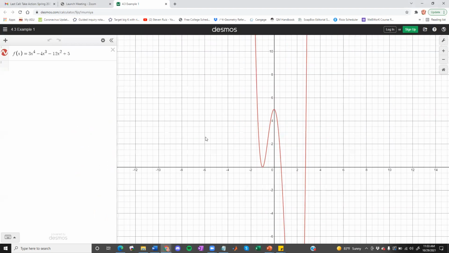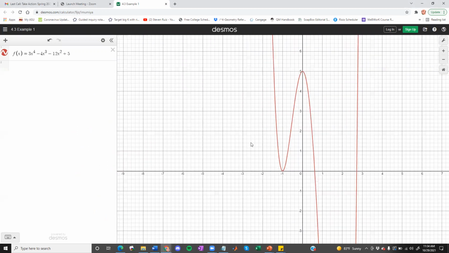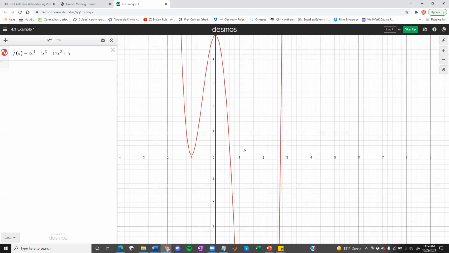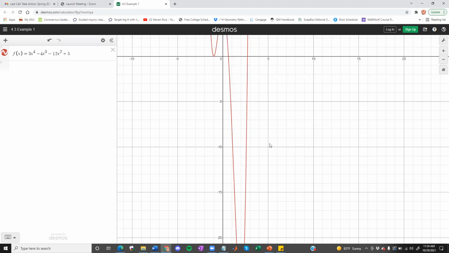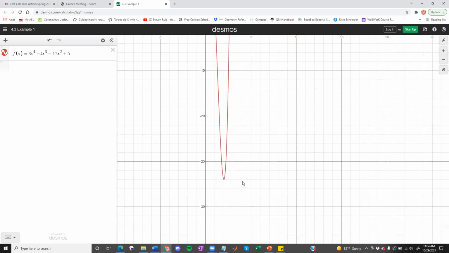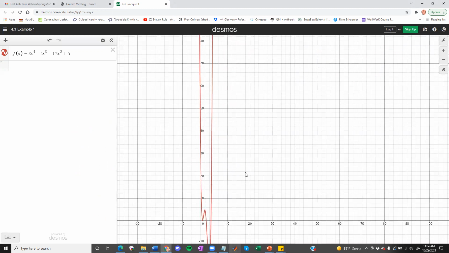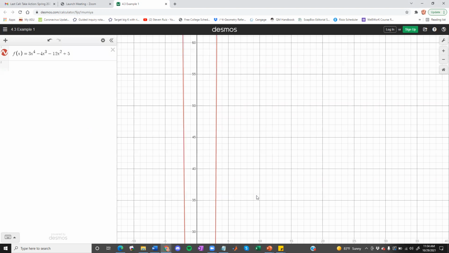Decreasing from -infinity to -1, then increasing from -1 to 0, and then decreasing between 0 and where? 2. Okay. What's that point? Okay, good. And then increasing thereafter, right? Okay. So I think we did well.